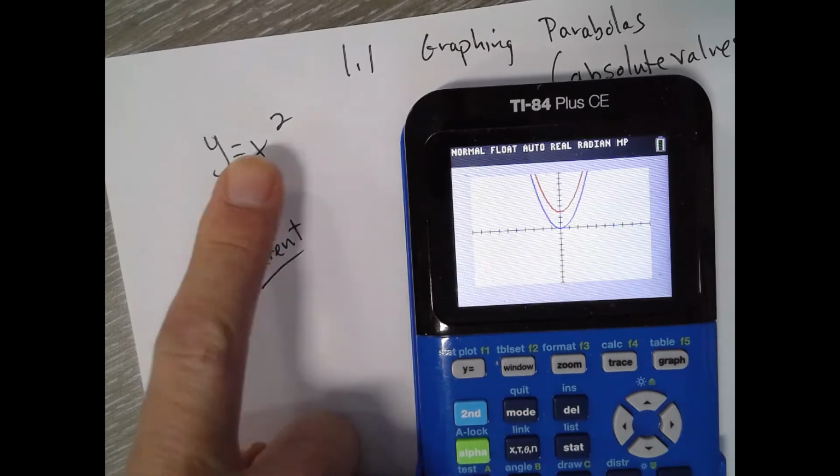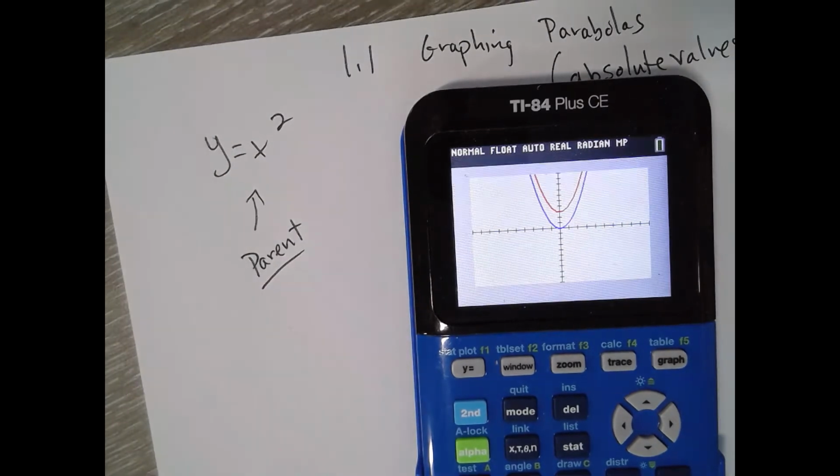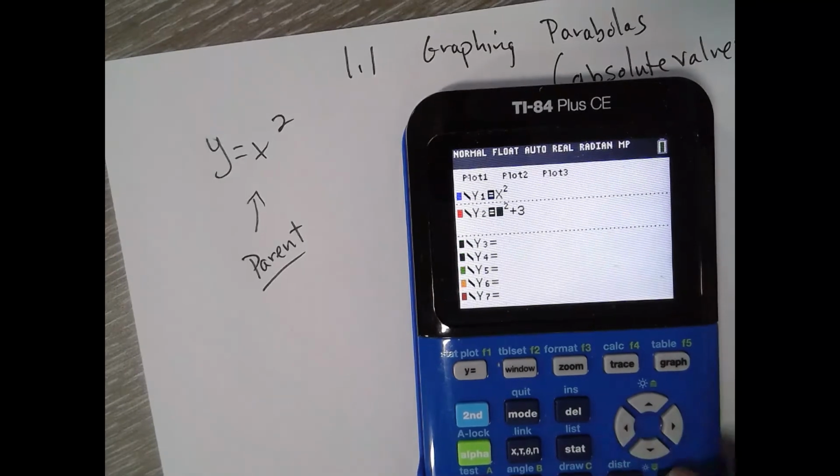If it's x squared minus 6, it's going to shift it down 6. So we're going to remember that the number after it is going to either shift it up or down. Okay, so back here, I'm going to get rid of that one. Still have our parent one.